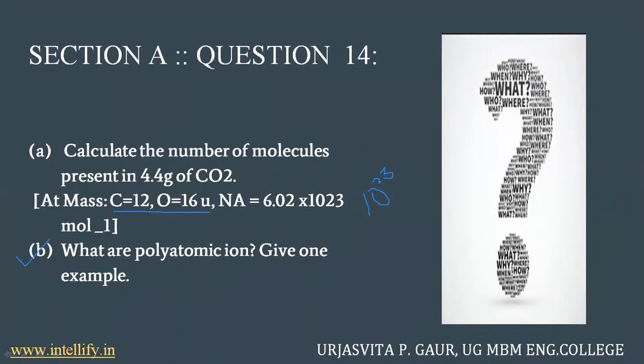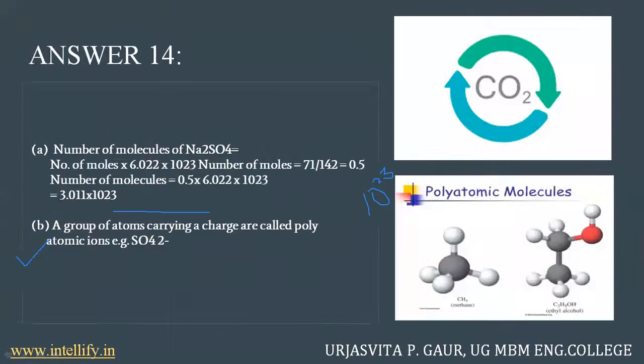Okay, so the first part, calculate the number of molecules in Na2SO4. The number of molecules shall be calculated as the number of moles into 6.02 into 10 to the power 23. This is again 10 to the power 23. The number of moles, on calculation, comes out to be 0.5.